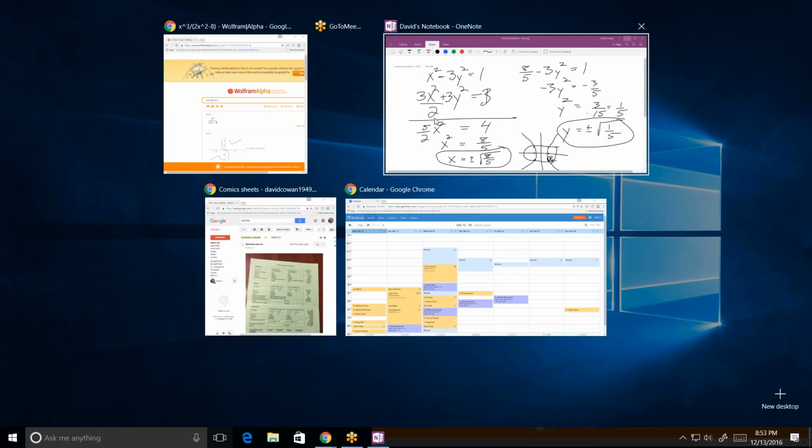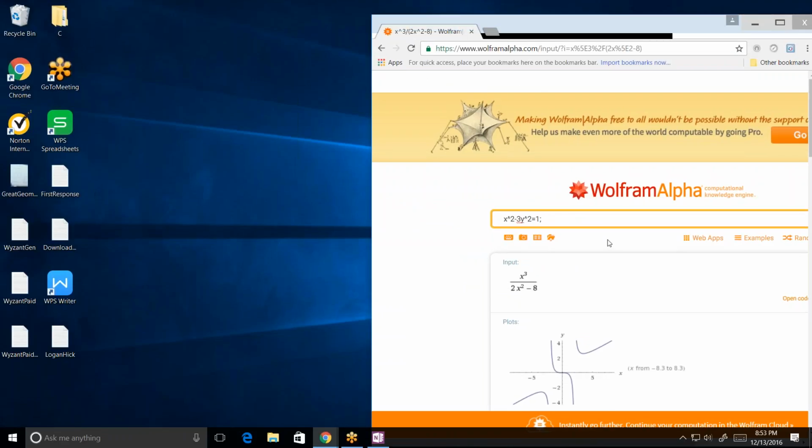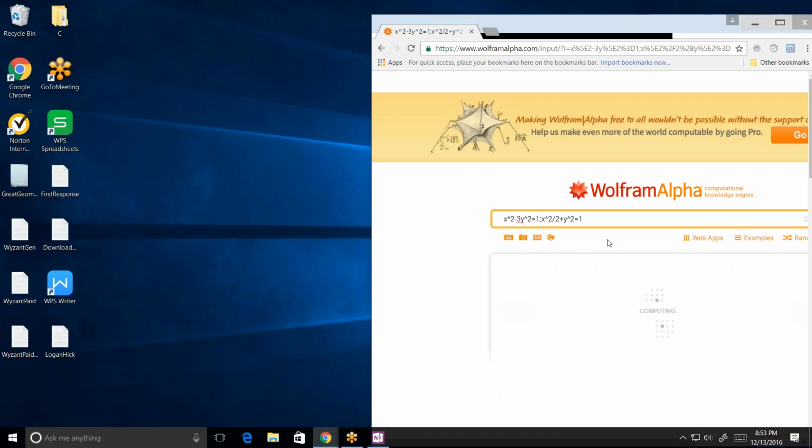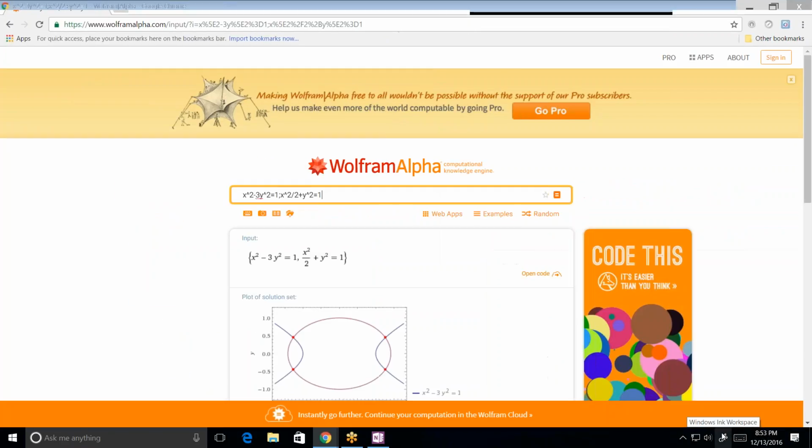Yes. X squared divided by 2 plus y squared equals 1. That should draw the picture almost exactly the way I got it.